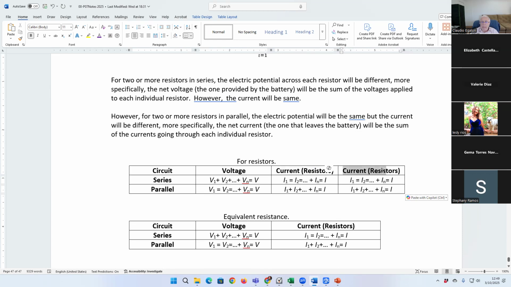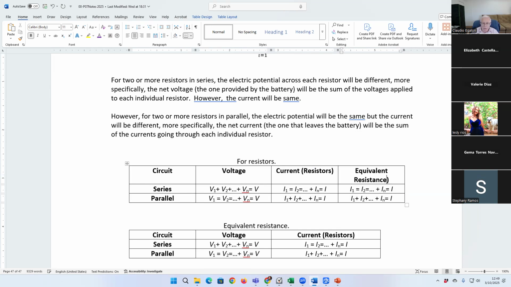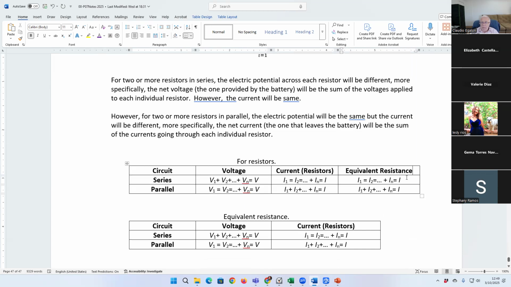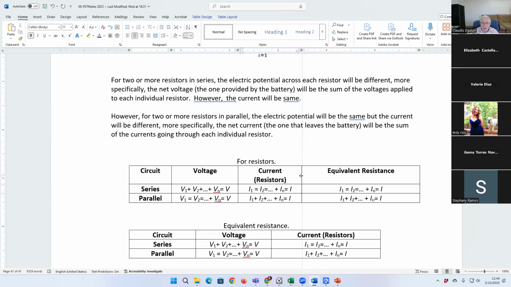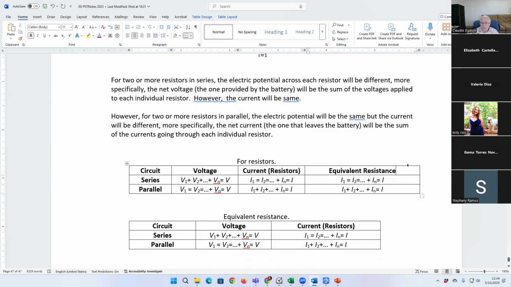I'm going to write that down. Equivalent resistance. One more minute to go. I'm going to adjust this table here.